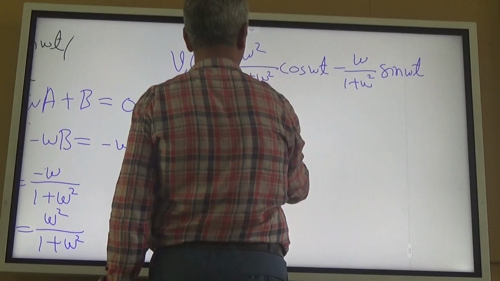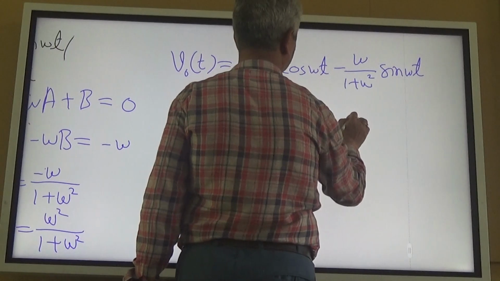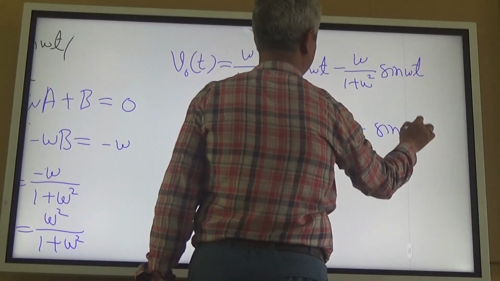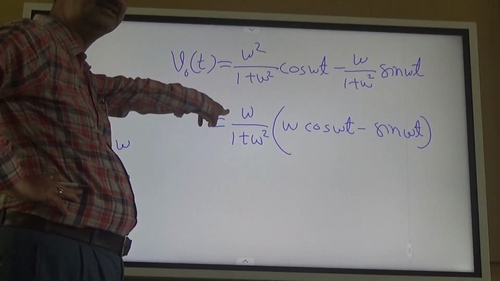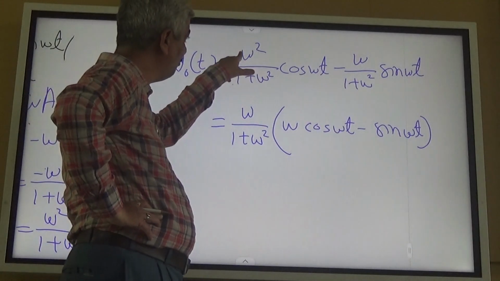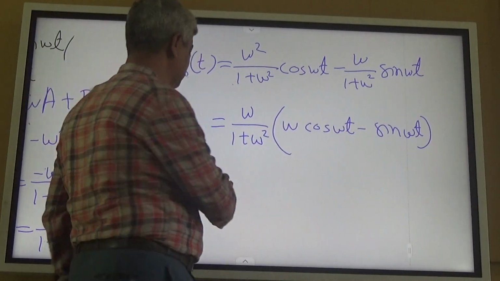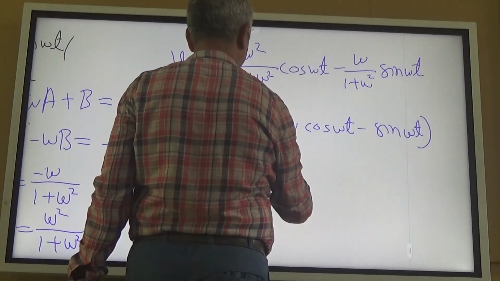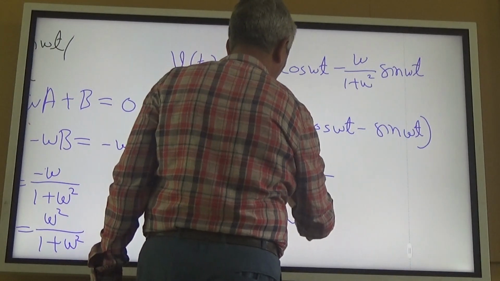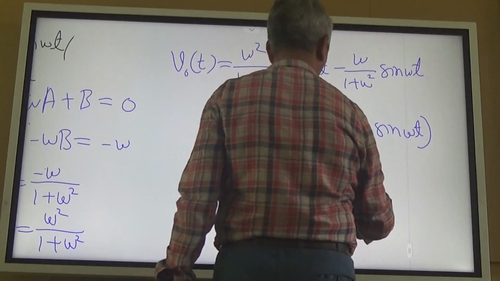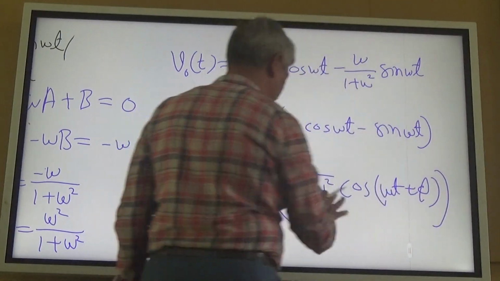Or you can take omega outside. See how a single sign has made a change. Is it right? Now what have we taken? Omega upon 1 plus omega square common. Omega and this. So what is this now? Omega upon 1 plus omega square into bracket under root 1 plus omega square cosine of omega t plus phi. Right, now phase we don't bother, but amplitude now.